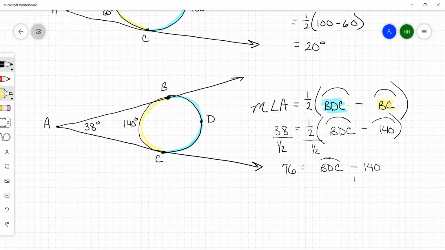If we add 140 to each side, then 216 equals arc BDC.